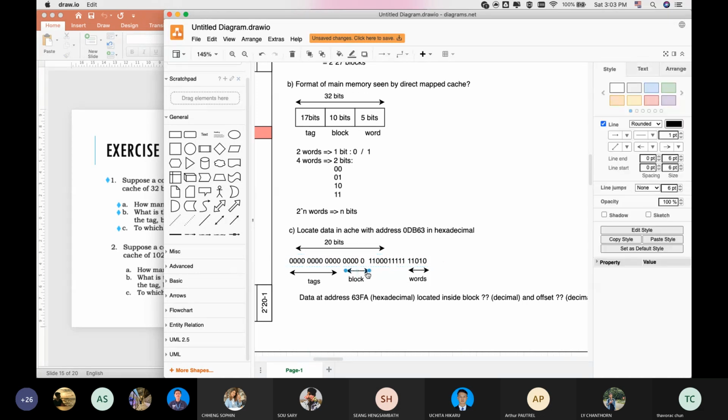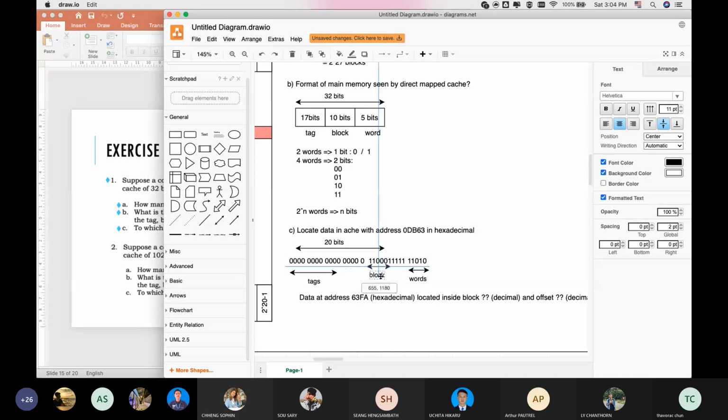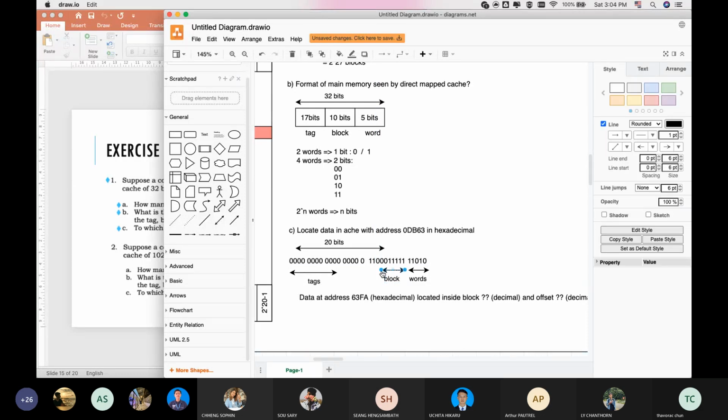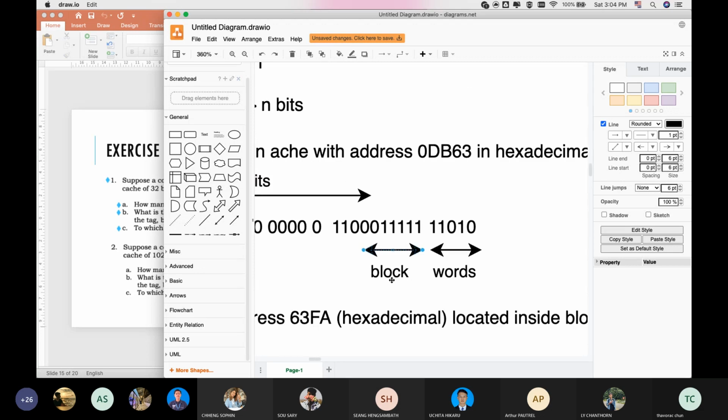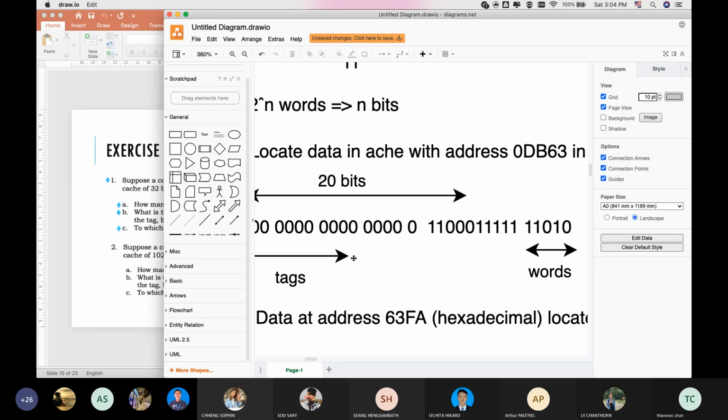Right now, yes. This should be the block.